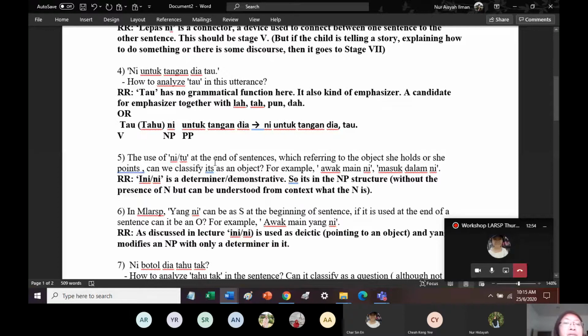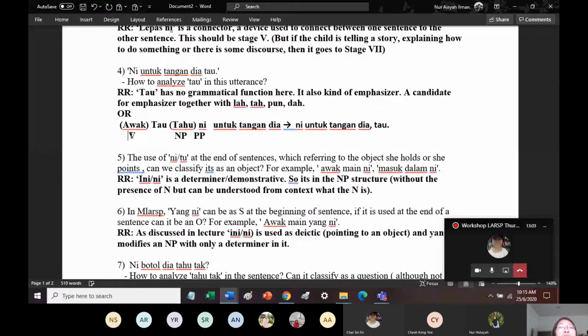"Ni untuk tangan dia tau. Jangan ambil barang dia tau." Dia ada tahu tu, some tahu is tahu. Some tahu is like the other one, the emphasizer.